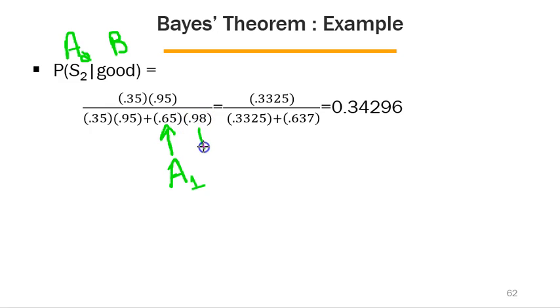And then this right here is the probability B, which means good, given that it came from supplier 1.